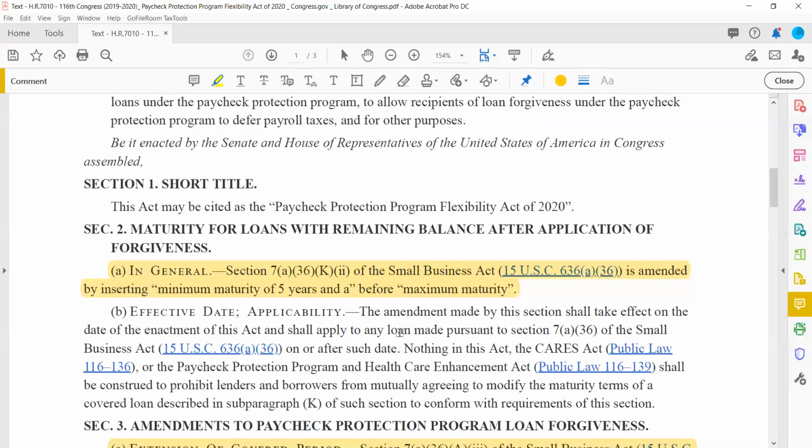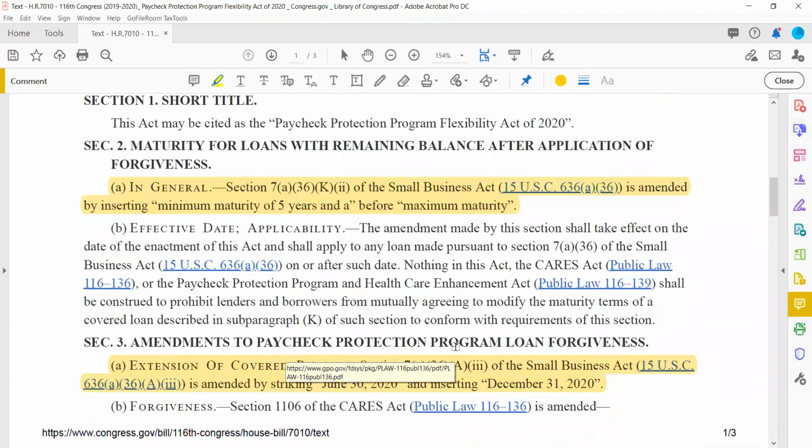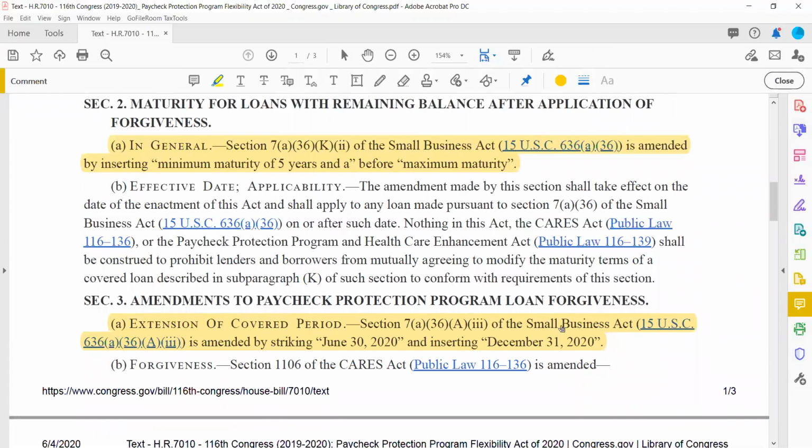Same interest rate, right, Bill? Same interest rate. Yeah. So just another way to try to help people with cash flow. The 1% did stay, which was huge, but obviously amortizing that over 5 years versus 2 is a big difference. So for some people who maybe carry a larger loan after forgiveness, that could be a big deal. Yeah, you're exactly right.